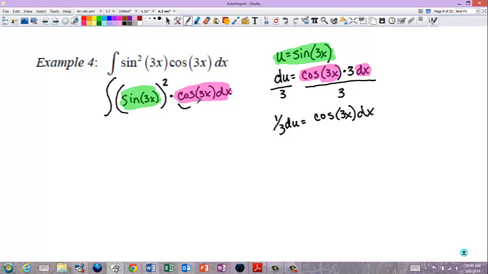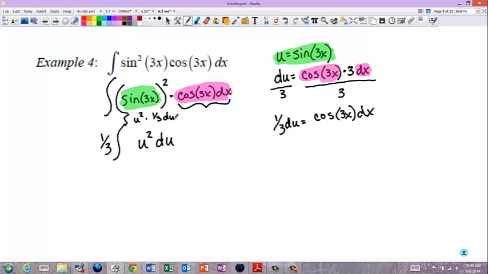So I'm going to replace cosine of 3x dx with 1/3 du. And I'm going to go ahead and move my 1/3 to the front. Sine of 3x is u squared du. It's always easier if you can move the 1/3 to the front. If you need to show that extra step, u squared times 1/3 du, and then move the 1/3 to the front, that's fine. It is easier if you go ahead and do it, though.